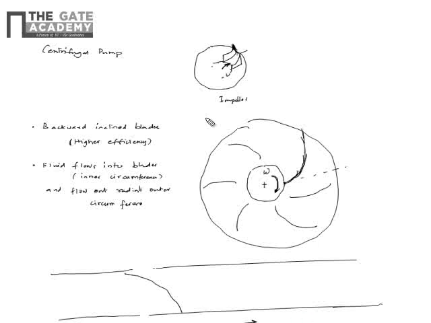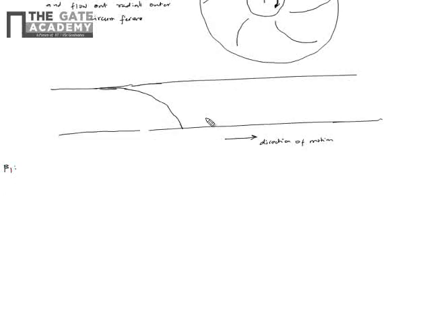So I'm just drawing the velocity triangle. This is the direction of motion. Okay, so how does this move? Let's write down the nomenclature beta 1 and beta 2.